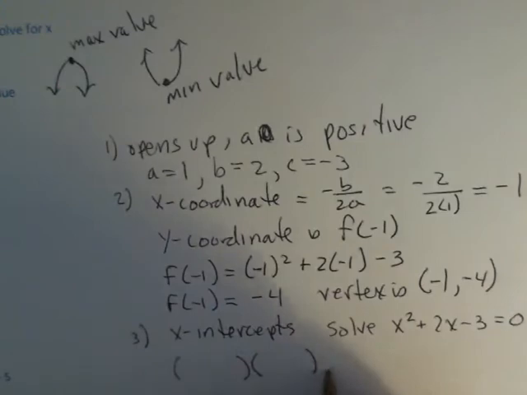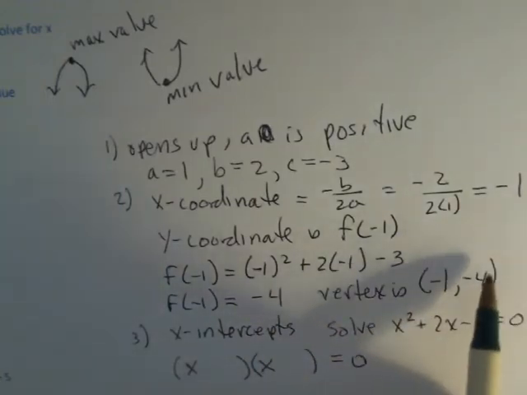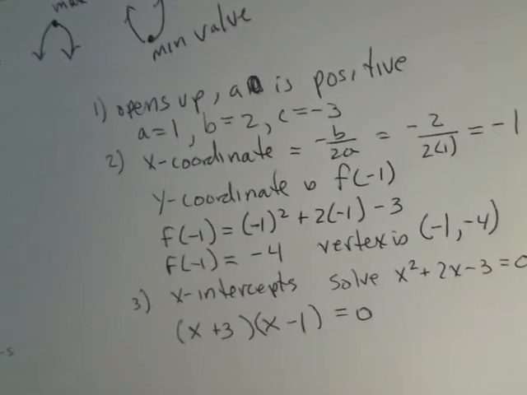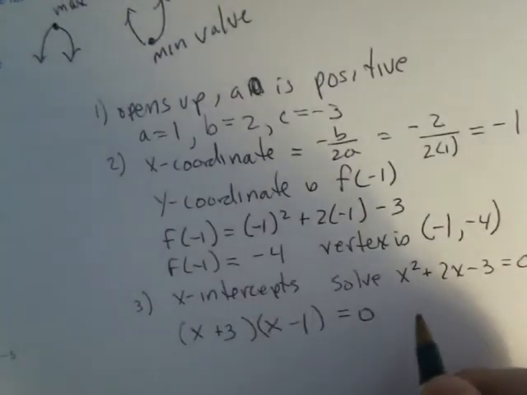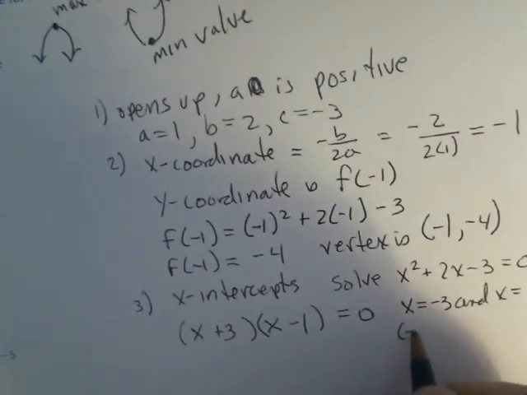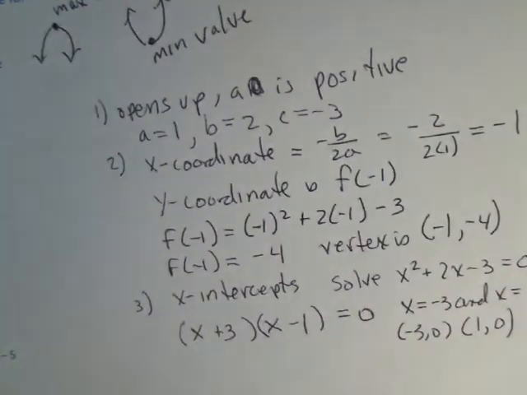I set up my two parentheses, put in my x. Now I need factors of negative 3 with a difference of positive 2. So that would be positive 3 and negative 1. And don't forget, your solutions are going to be x is negative 3 and x is positive 1. So your x-intercepts are negative 3, 0 and positive 1, 0.